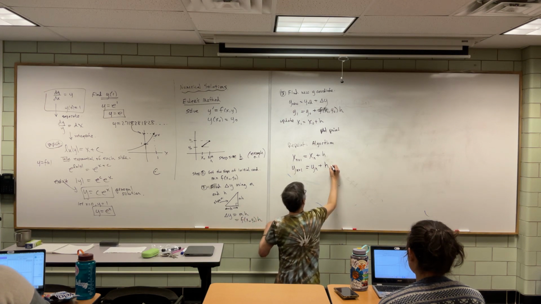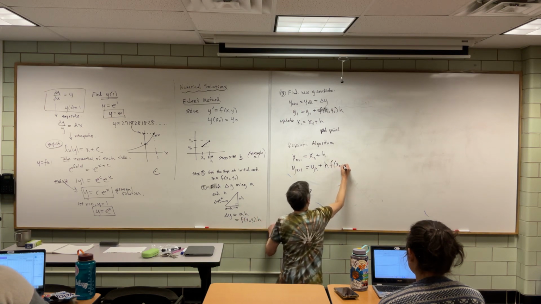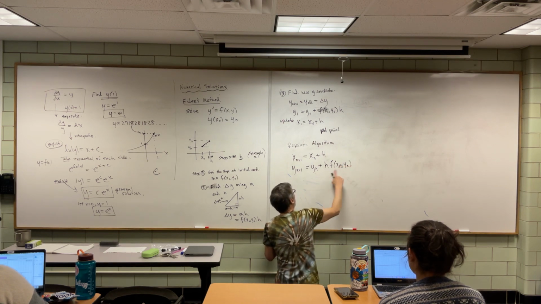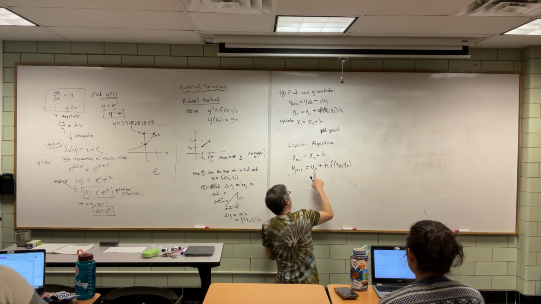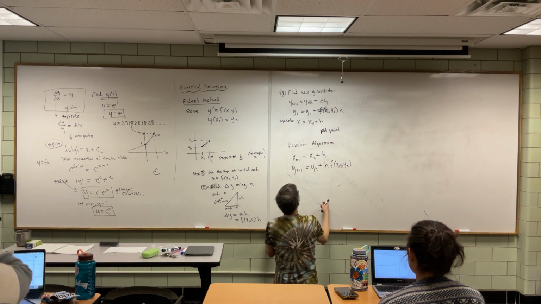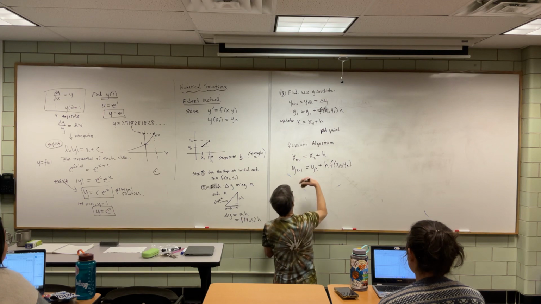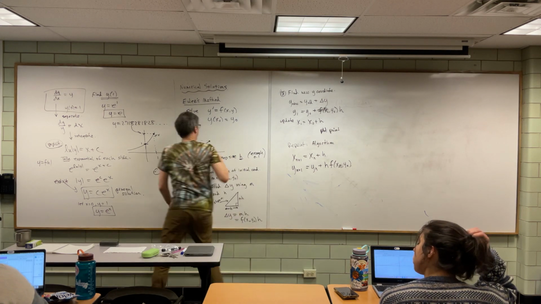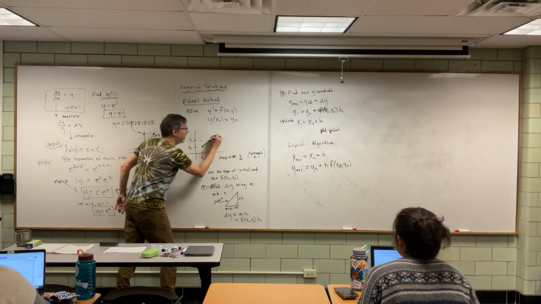we'll put the h out in front, sure, why not, doesn't matter, you can put it back. h times f of x sub n, y sub n. So this is your current slope, this is your current y coordinate, and then we just update like this. And repeat this until you get as much of a solution as you want. So what you're going to get is a collection of line segments.